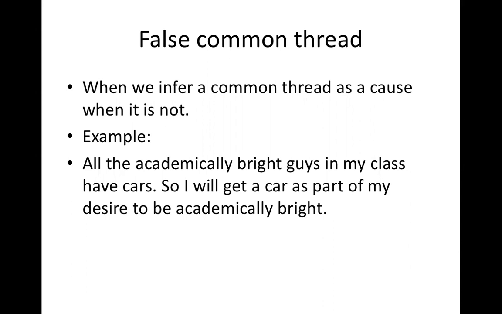Now, the issue is whether having a car will make you academically bright. If having a car cannot make you academically bright, then it is a false common thread to say that all those who are academically bright have cars. So it is a car that made them bright?